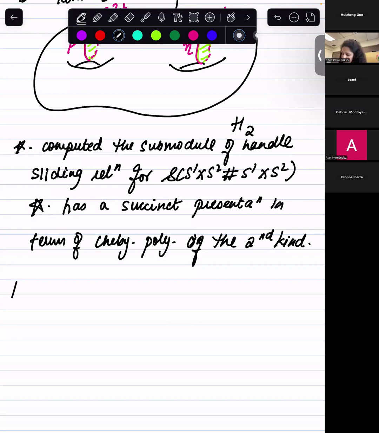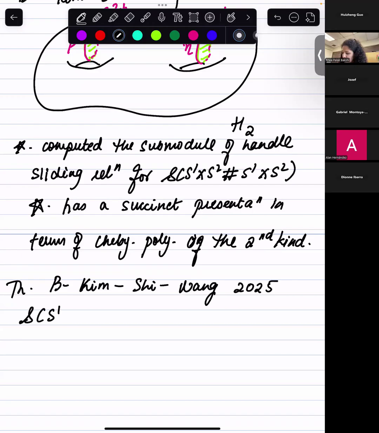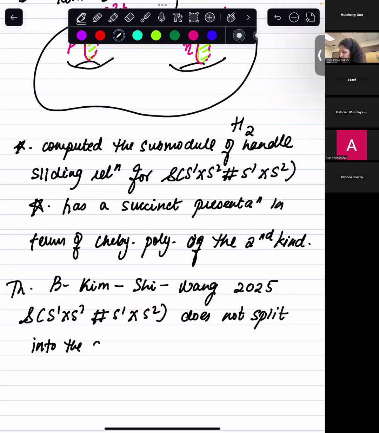Going back to Marché's conjecture, which talked about a decomposition into free and cyclic parts, what we showed is that the Skein module of this connected sum does not split into the sum of free and torsion submodules.